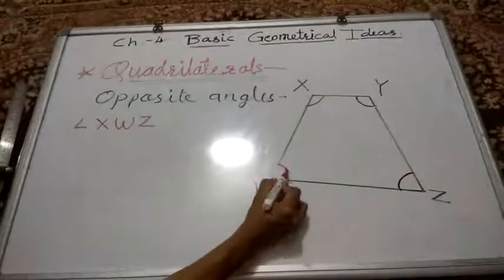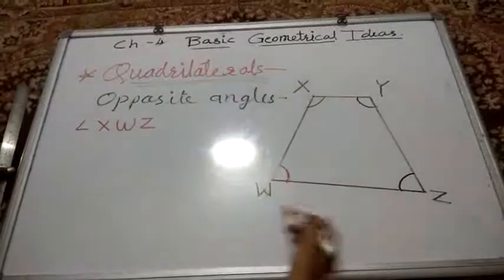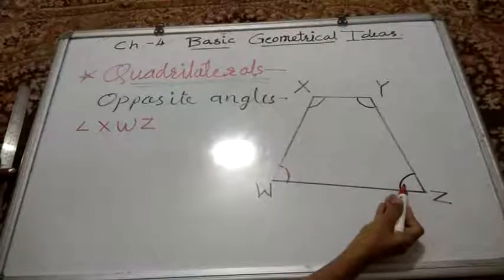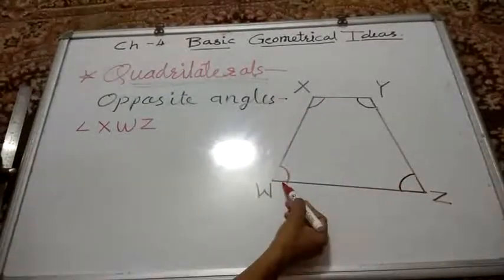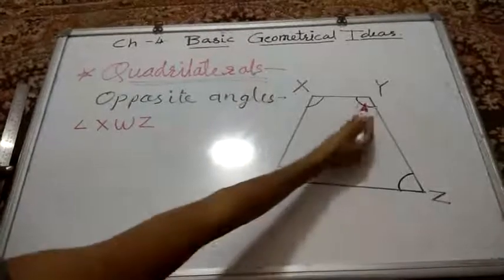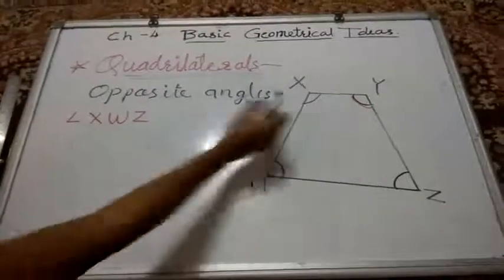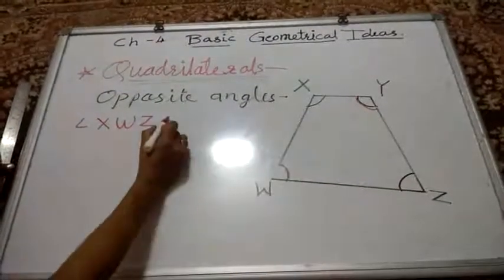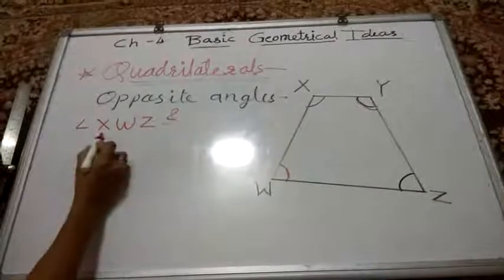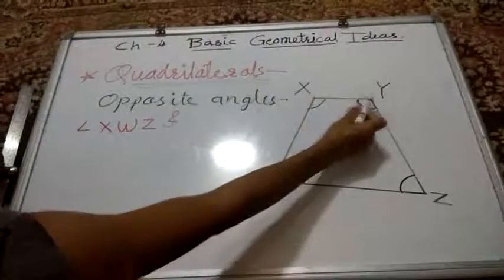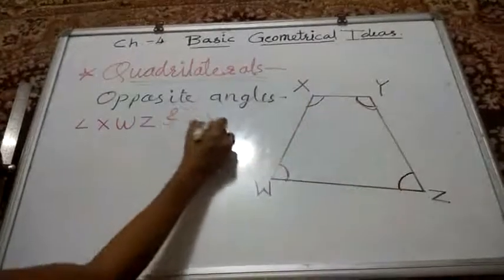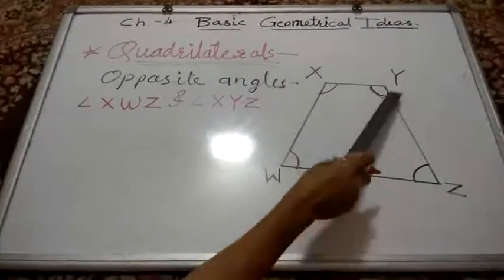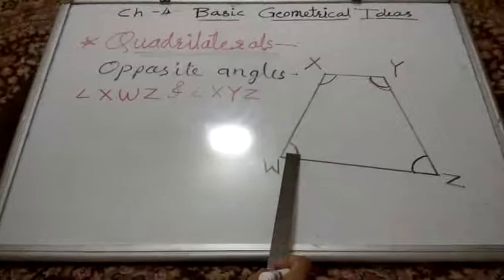It means this angle. So which is the opposite angle of this angle? Can we say it is this one? No, this is not opposite, it is beside it. This angle is also beside W, so which is on the opposite side of W? This one. So the opposite angle of angle XWZ is angle XYZ. Now these two are a pair of opposite angles.